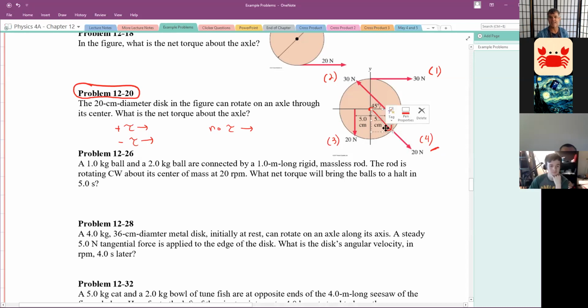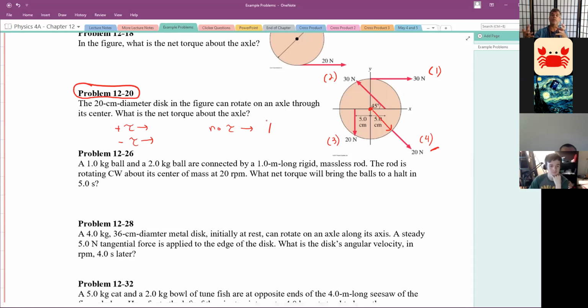It's pointing in the exact same direction as the force. So when I use r F sine theta, for force number 4, theta is 0, and so it doesn't produce any torque.